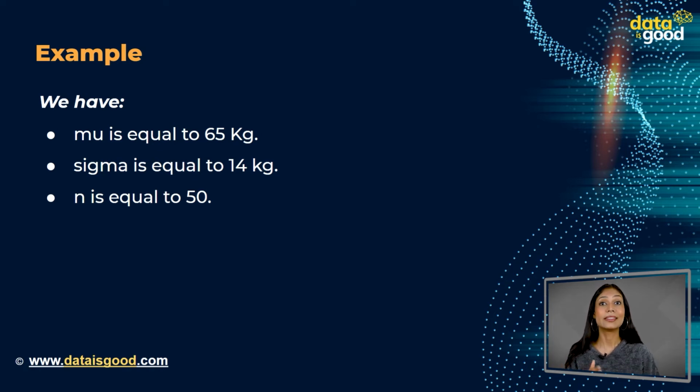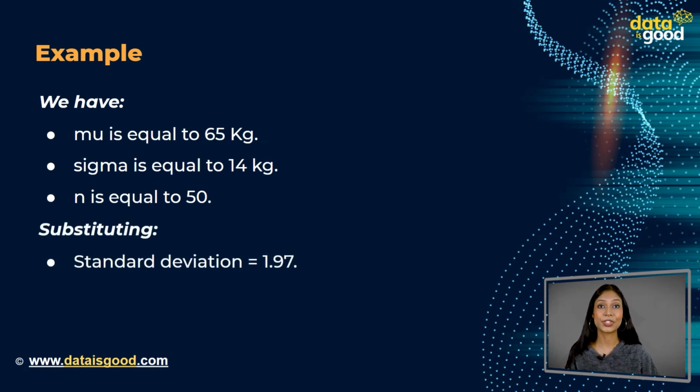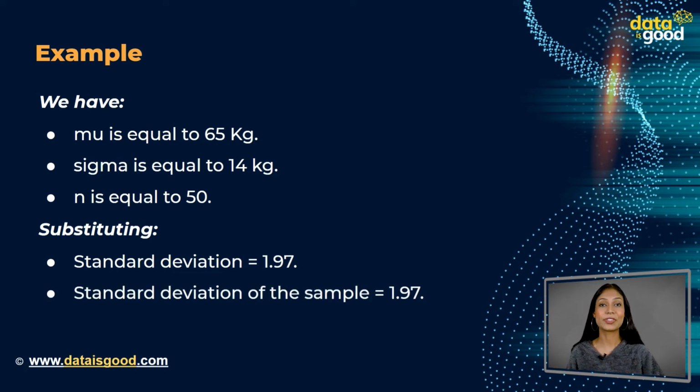As we know, in the central limit theorem, the standard deviation of sample is equal to sigma divided by the square root of n. By substituting the values in the formula, we get standard deviation is equal to 14 divided by the square root of 50, which is equal to 1.97. So the standard deviation of the sample is 1.97.